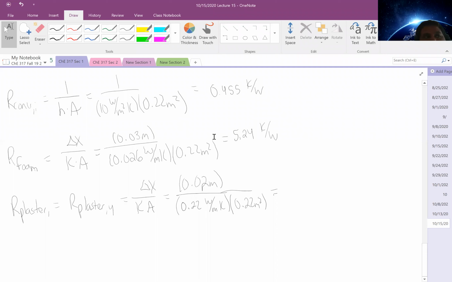Or approximately 0.413 kelvins per watt.